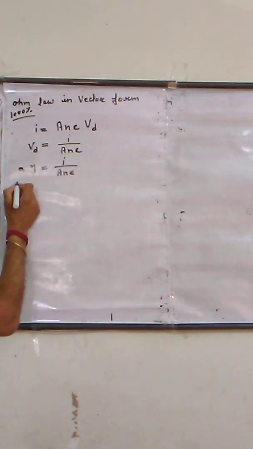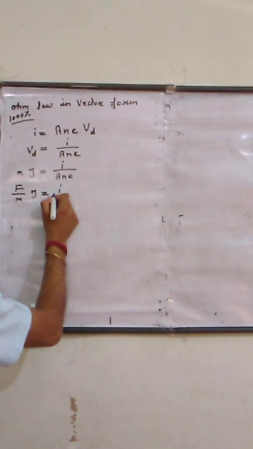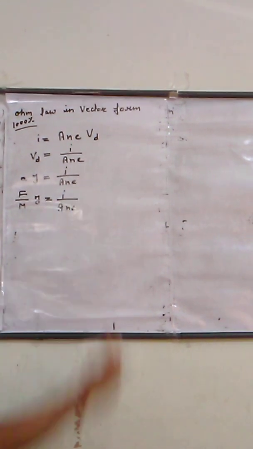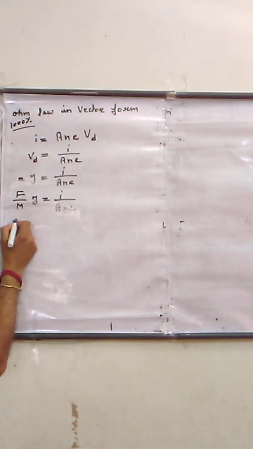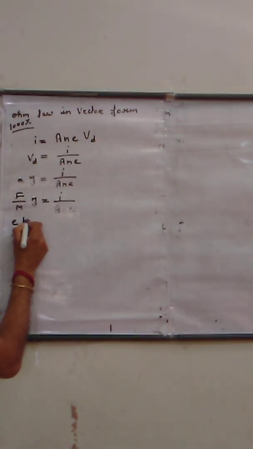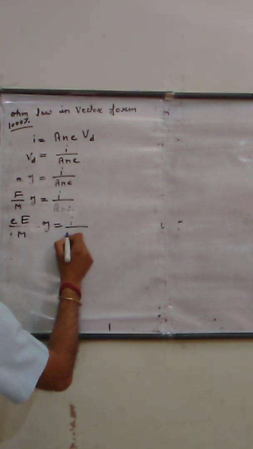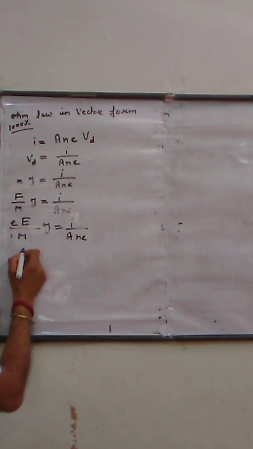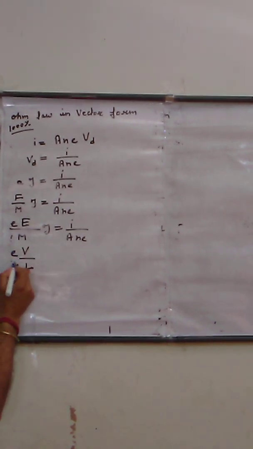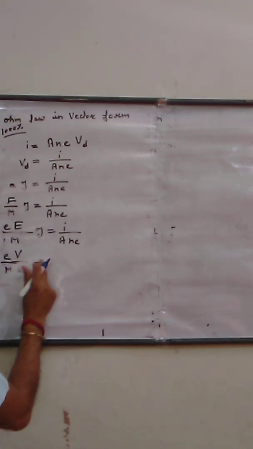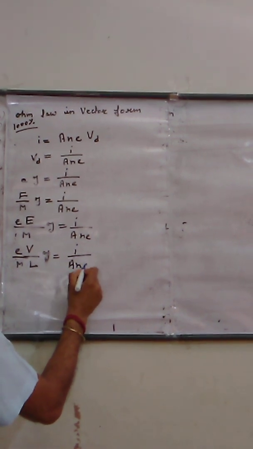Now this a can be written as F upon m, and F means this is the electrical force, so we can write eE upon m, and this tau equals I upon ANe, and this E can be written as V upon L. So eV upon Lm, and tau is also here, equals I upon ANe.